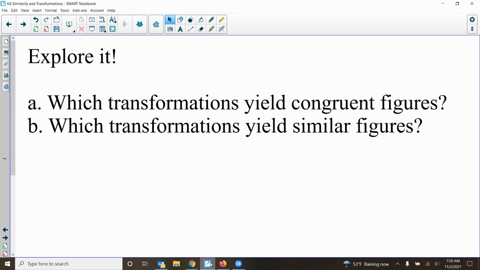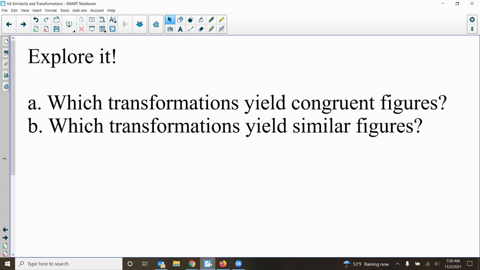Dilations are not rigid. The other 3 are. So when we talk about which transformations yield congruent figures, the first 3: translations, reflections, and rotations. Which transformations yield similar figures? That would be the dilation.